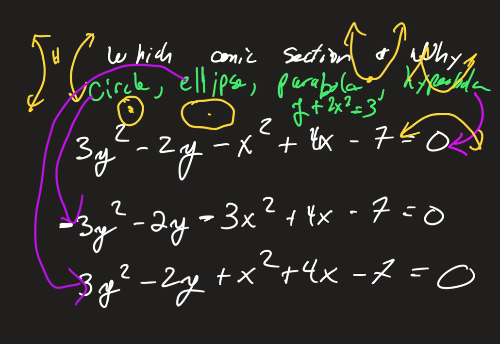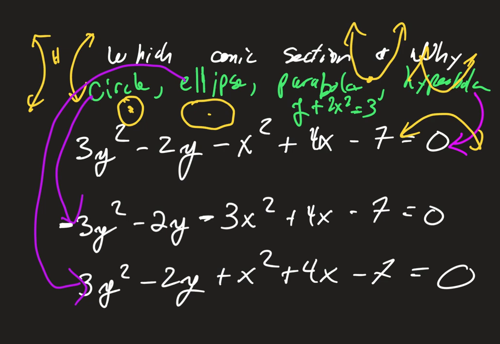And then how do you tell the ellipse apart? The ellipse is either, again, both positive or both negative, but different numbers. That's a 3, that's a 1. And if you're explaining on an exam and you can't think of the right words, circle it. Be like, well, this and this are the same. That makes it a circle.